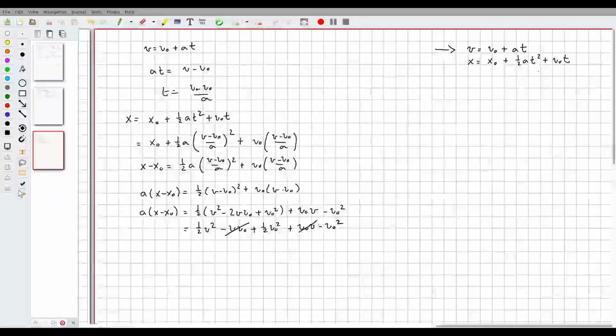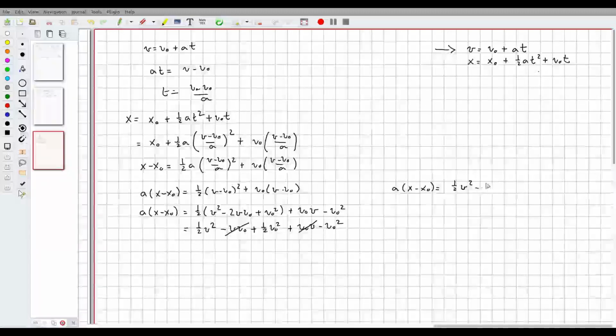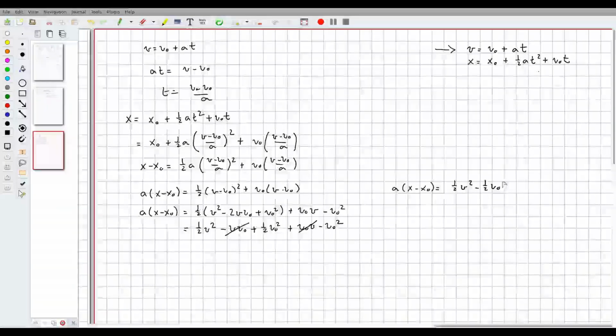This right here is going to cancel with this. You have a plus 1/2 V naught squared minus V naught squared, and what that does is combine to give you a minus 1/2 V naught squared. So at the end of the day, you have A times X minus X naught is equal to 1/2 V squared minus 1/2 V naught squared.